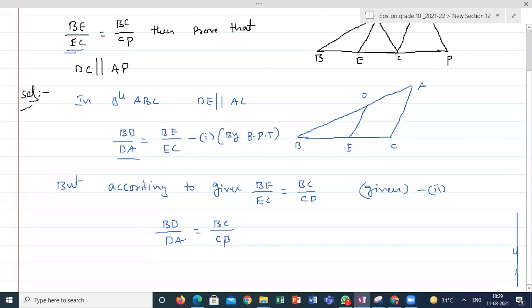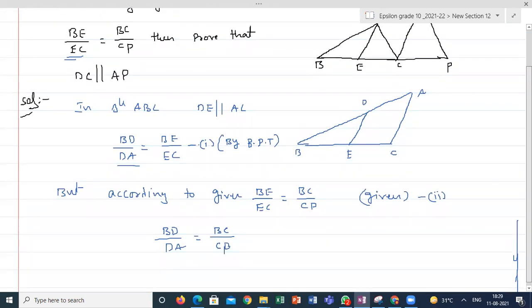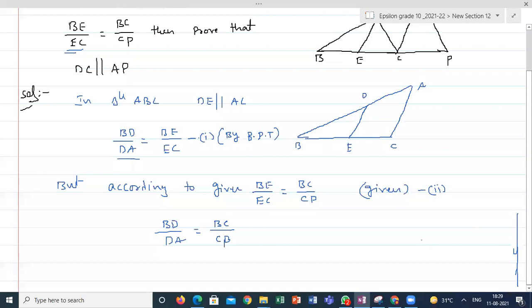He is asking DC is parallel to AP. Which triangle? I have to take triangle APB, and DC is a line.